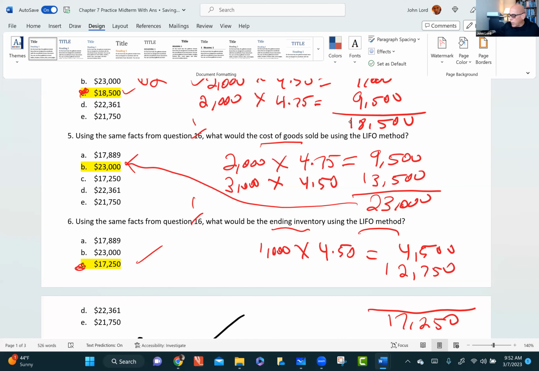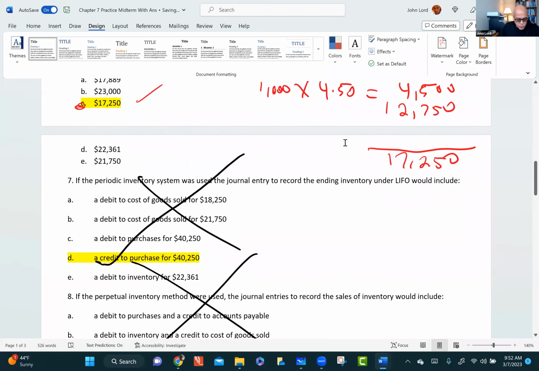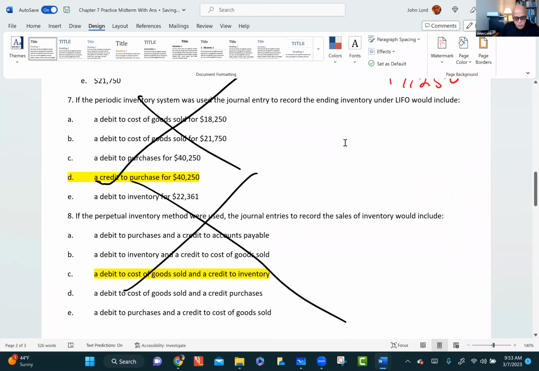LIFO, FIFO, weighted average, just like we studied in the in-class example, just like we're studying here with the practice midterm, that's how I'm going to test you on that material on Thursday. Question. Don't worry about journal entries associated with the inventory for chapter 7.